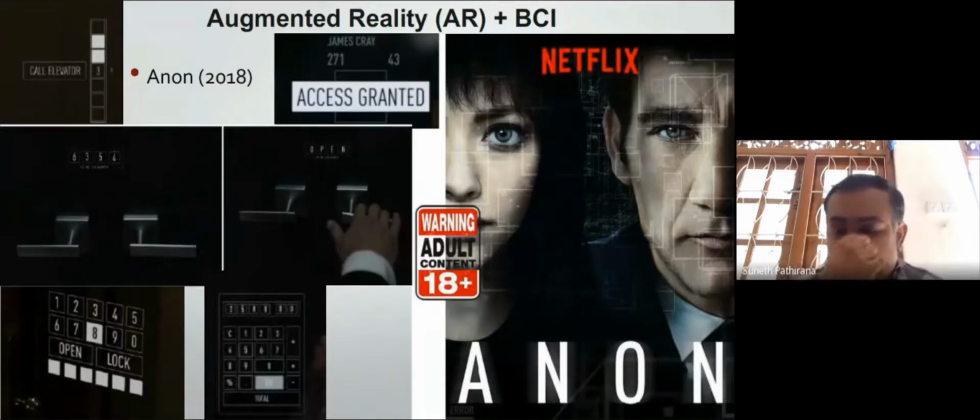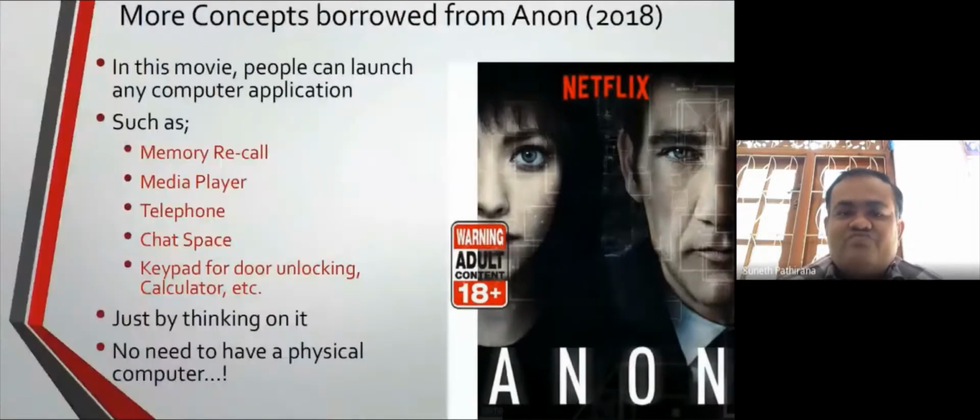So please watch this movie. Please download this Netflix movie released in 2018, and see how brain-machine interfacing is integrated with this impressive technology. Augmented reality is very well explained and demonstrated in this concept movie.